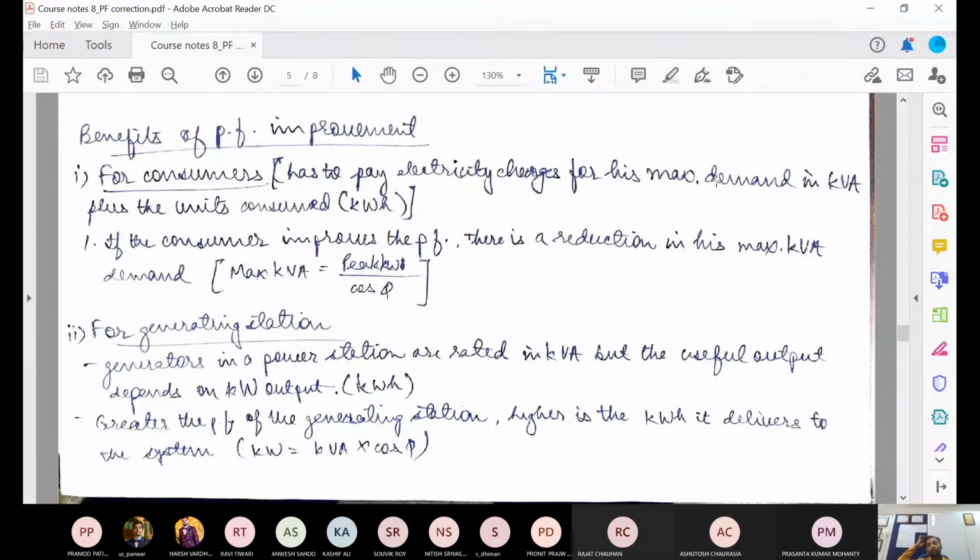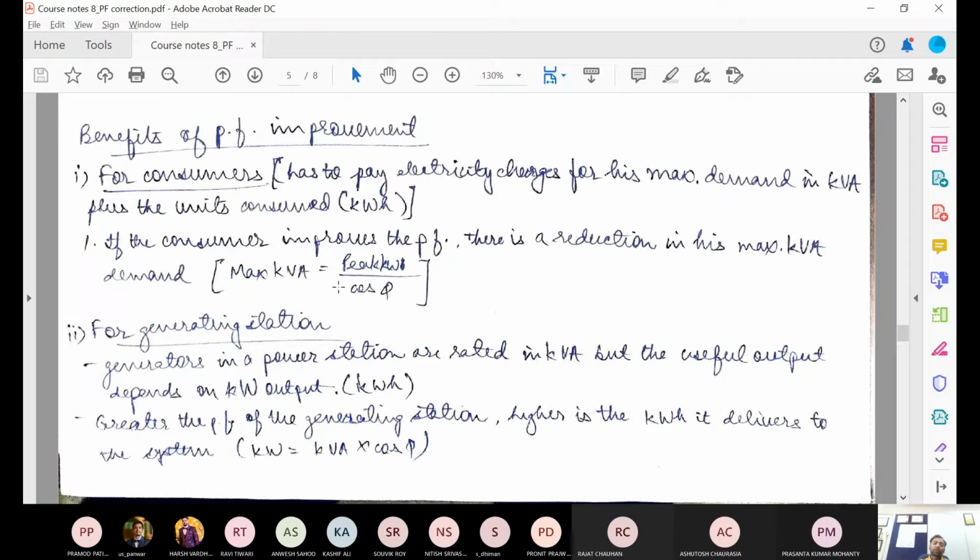The consumer enters into an agreement with the utility supplying power that their power demand will never exceed the upper limit they have decided upon in terms of kVA. Many times, as part of that agreement, there are benefits also: if you manage to have a lower kVA, then you get a benefit. Sometimes it is in terms of the power factor also, that if you maintain a power factor in a particular range, then you get a surplus or a discount on the electricity bill.